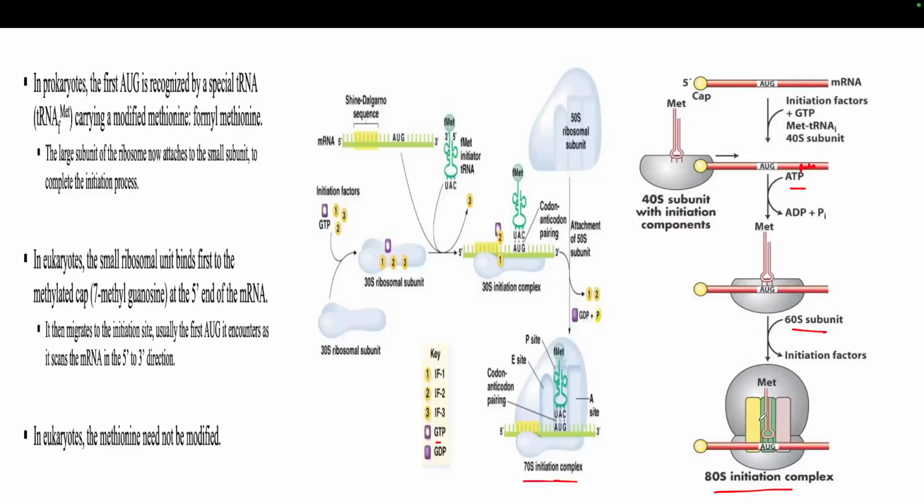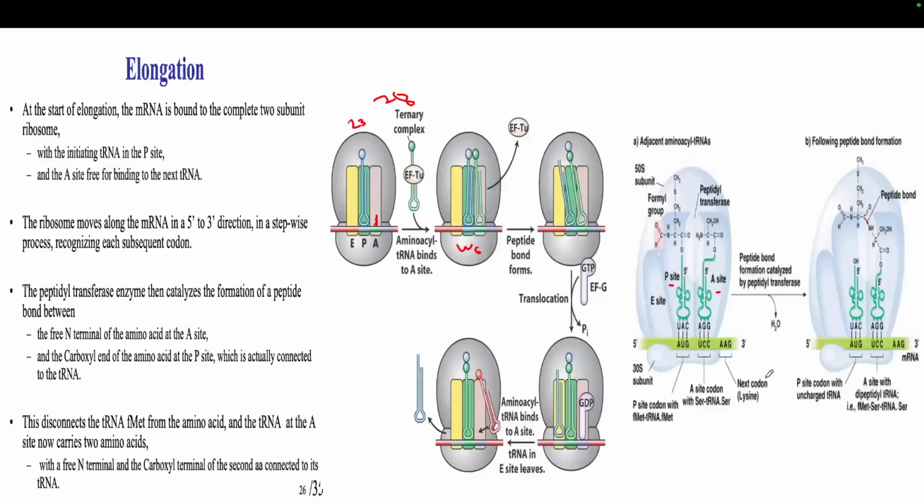Then in the next step, the elongation step, the larger subunit is also there. With the help of 23S rRNA or 28S rRNA, it will create the peptide bond between the amino acid present in the P site and the amino acid coming from the A site.